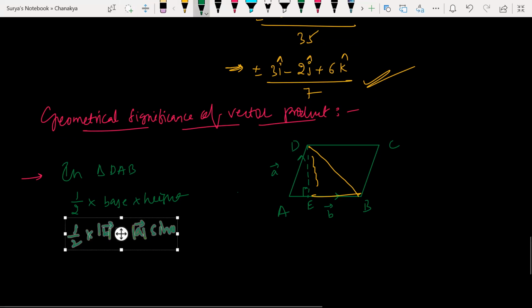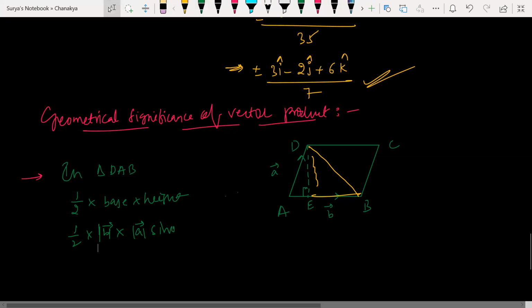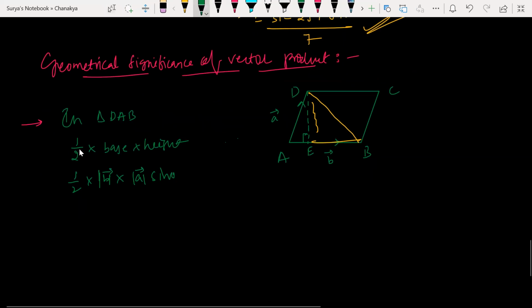Clear? Guys, it is going to be a magnitude, but it is going to be a scalar quantity.